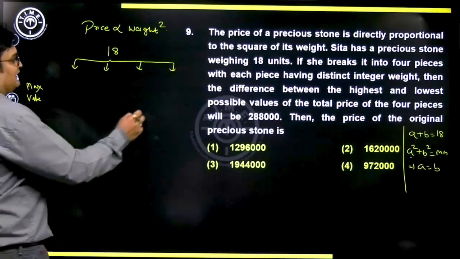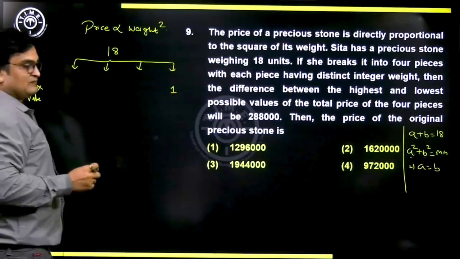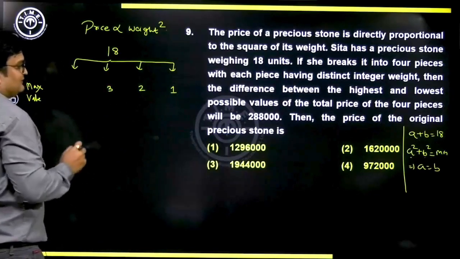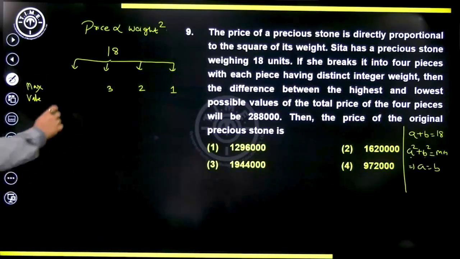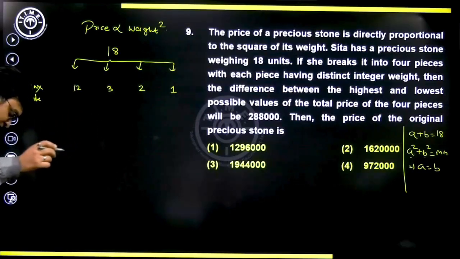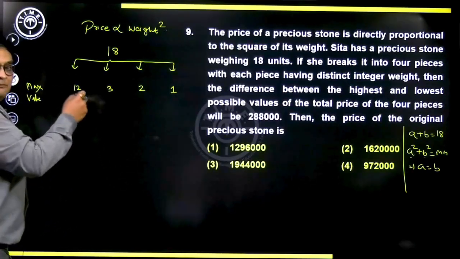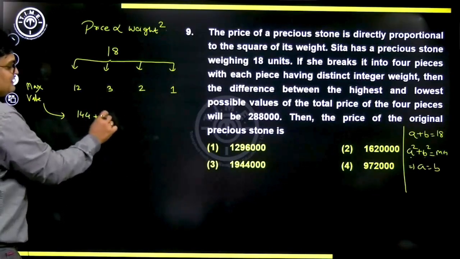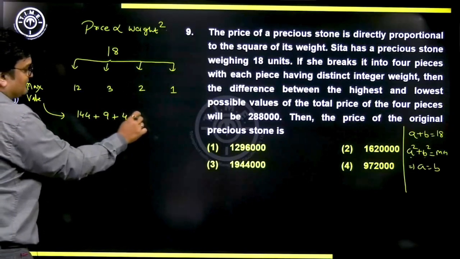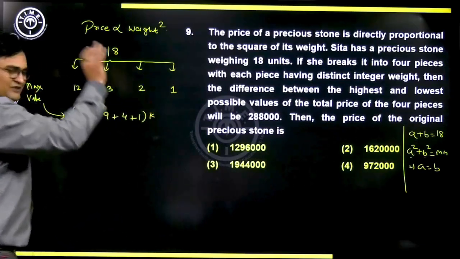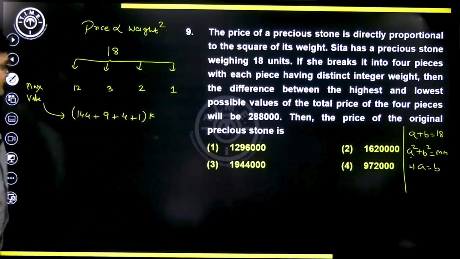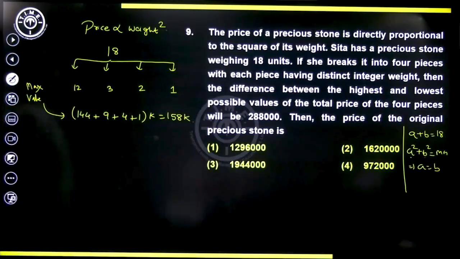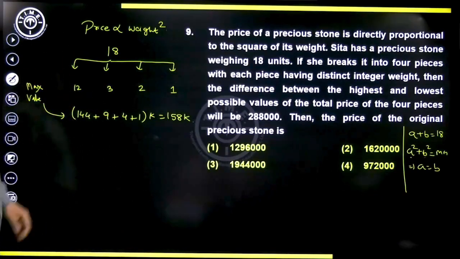The best case: one weight is 1 unit, the second cannot be 1 again so 2 units, then 3 units, and the remaining 12. The combined maximum value will be 12 square 144, 3 square 9, 2 square 4, and 1 square 1, times some constant k. Adding it up, 153, 157, 158 units will be the maximum possible value when the original precious stone breaks.